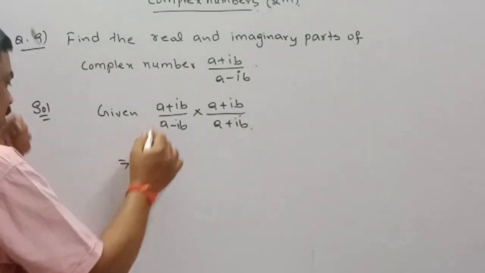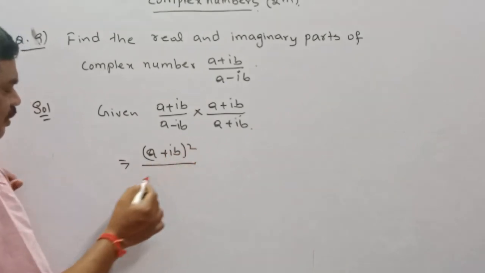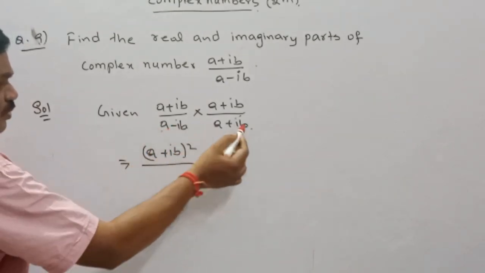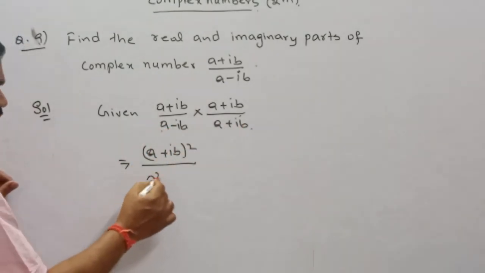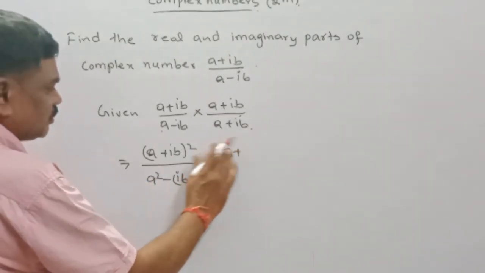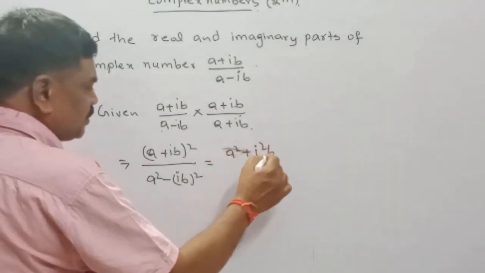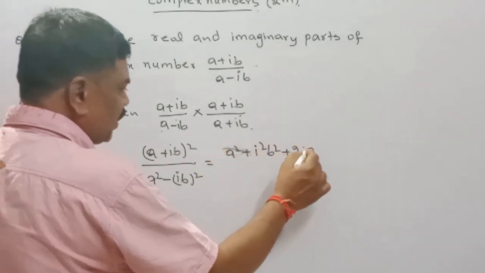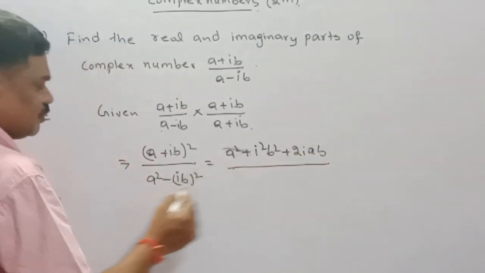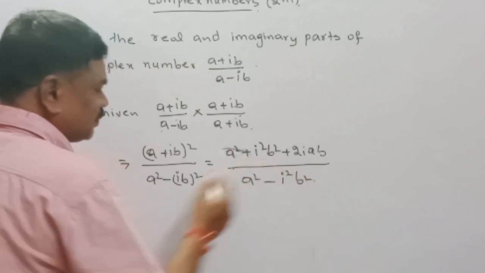So this is a plus ib whole square by a plus ib into a minus ib form. A square minus ib whole square is equal to a square plus i square b square plus 2i ab by here a square minus i square b square.